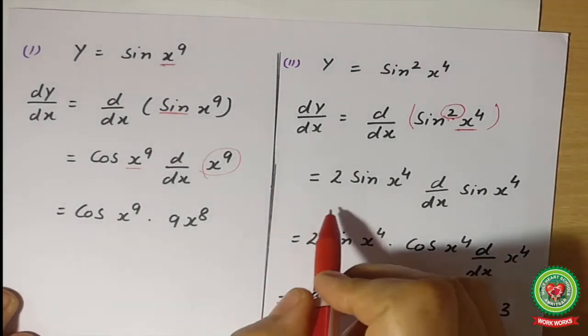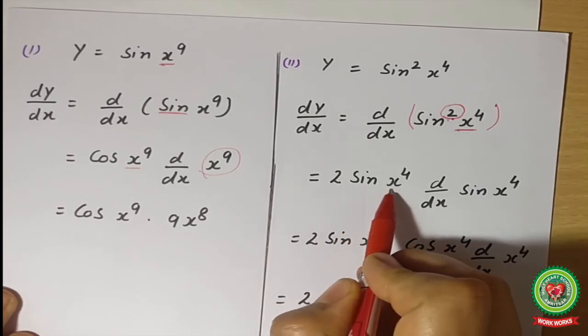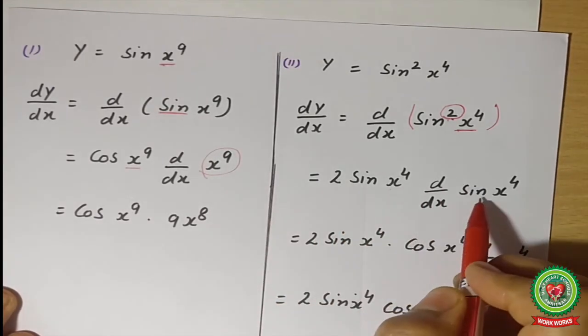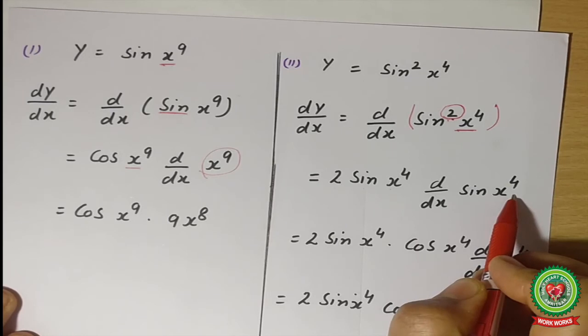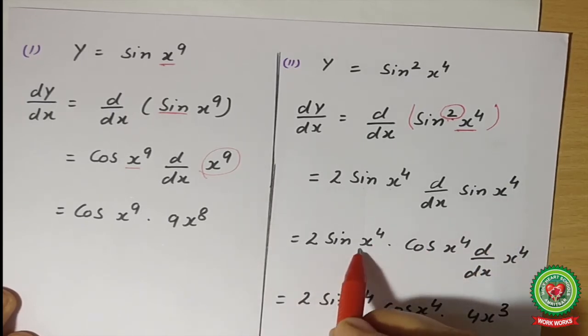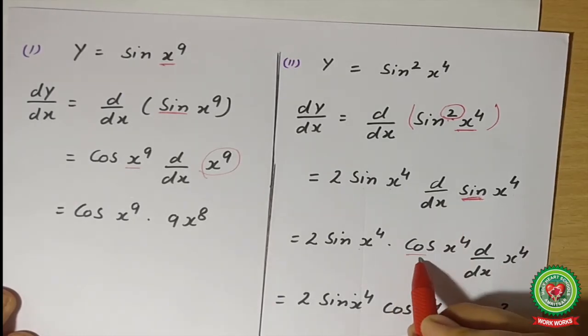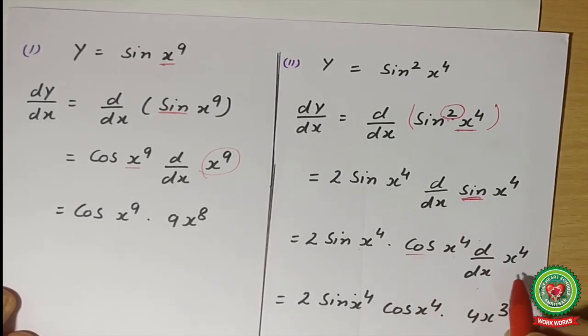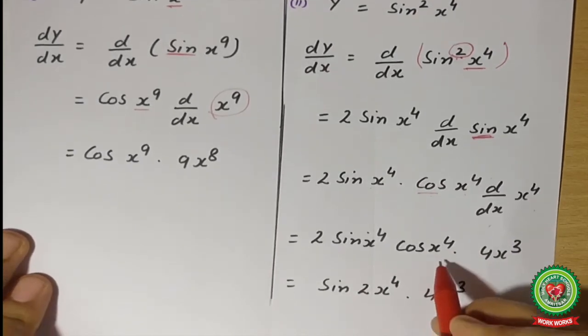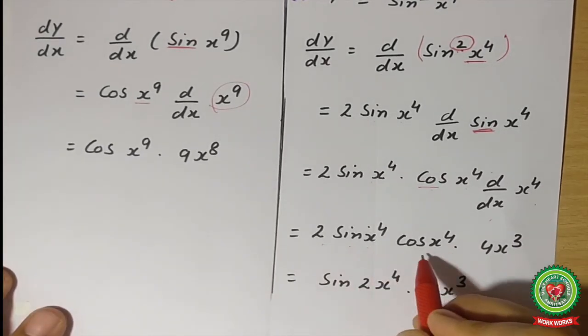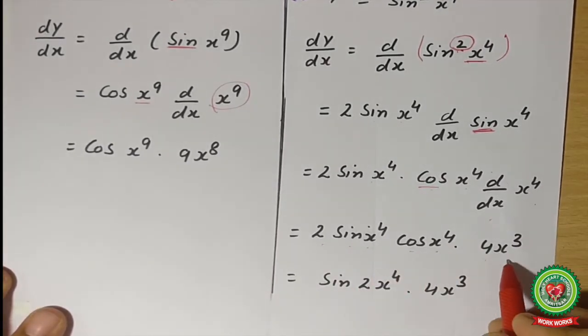We will write it as 2 sine x raised to power 4 into d/dx of sine x raised to power 4. Now 2 sine x raised to power 4, that means sine's d/dx is cos x raised to power 4, into d/dx of x raised to power 4. So 2 sine x raised to power 4 cos x raised to power 4 into 4x cube.